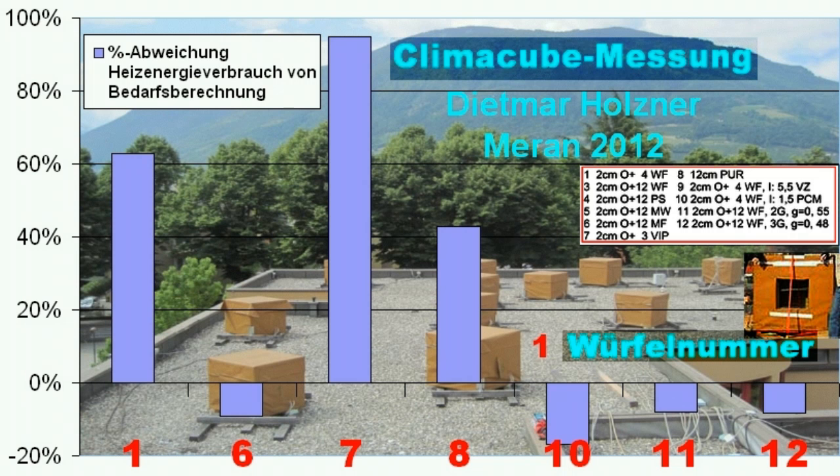Also in South Tyrolia, the blue columns show the gap between calculated and measured heat energy consumption of the climate cubes. And the best, they had 2 cubes with different windows, 2 and 3 glassed, and it was the same consumption. And why? Because the whole building physics for the window is also the pure scam.